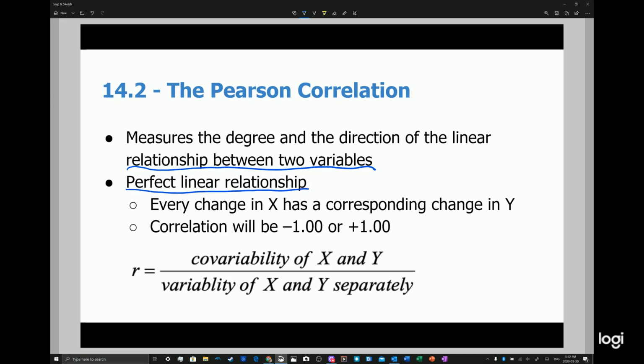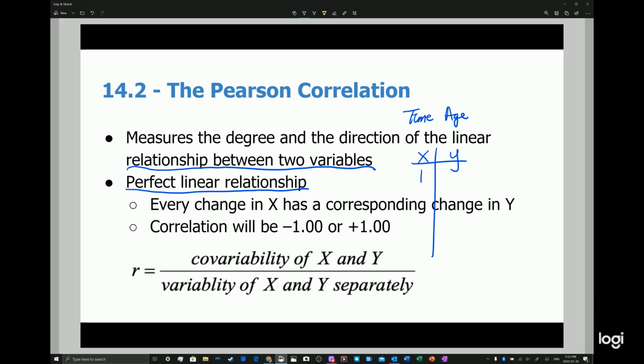A perfect linear relationship means, again in basic terms, that every change in x corresponds to the same change in y. So, for example, if time passes 1 year, again, this is like time for x and age for y.